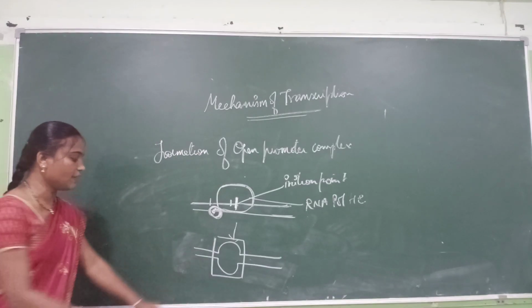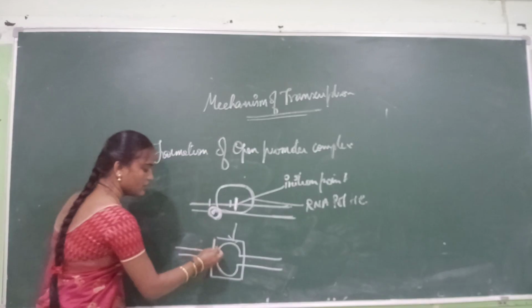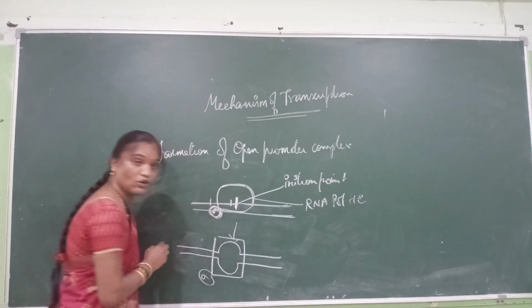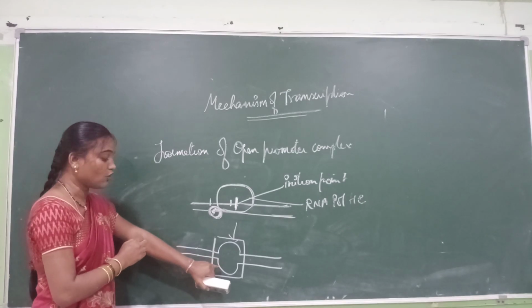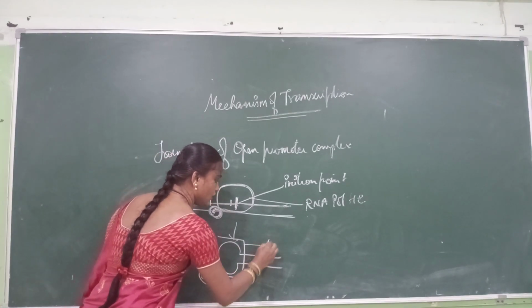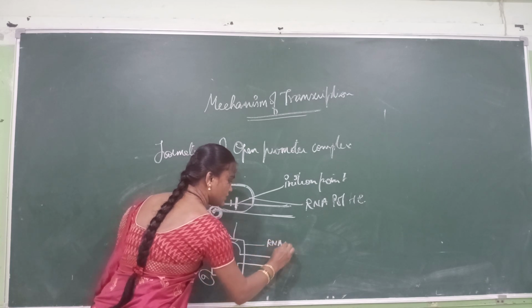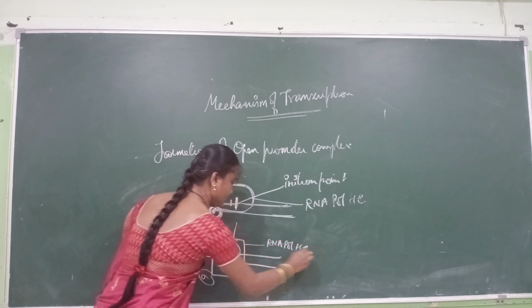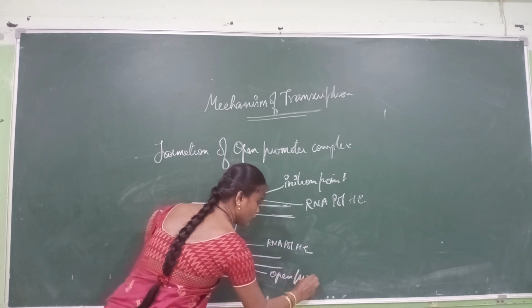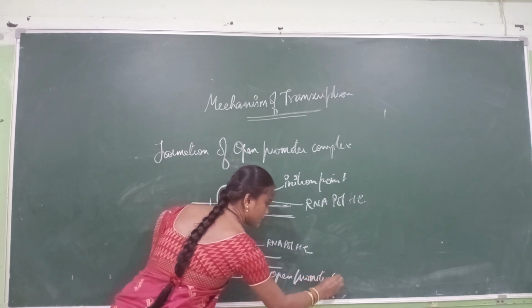So this is your RNA polymerase. This is your RNA polymerase with a sigma factor. This is your initiation point where your open promoter complex is formed, and this is your RNA polymerase holoenzyme. This is your open promoter complex.